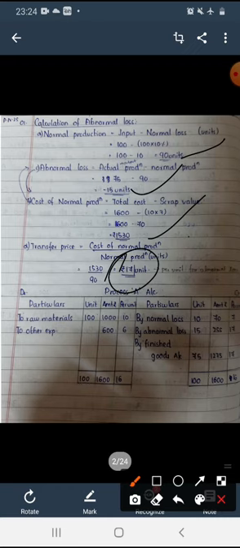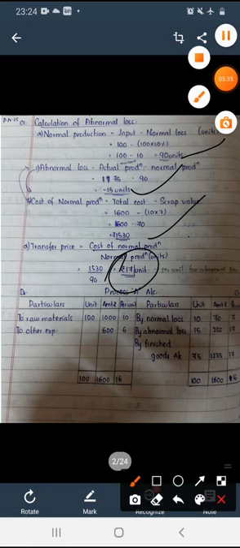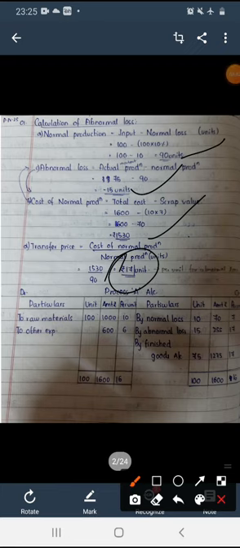Under the process account we have the columns: particulars, units, amount and per unit. This is the units column, this is the total amount, and this is the per unit. First we write the raw materials.